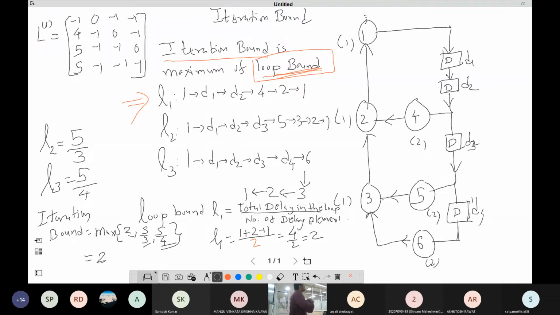When I say algorithmic method, it has some finite number of steps. If you follow those steps, then definitely you will get the correct value of the iteration bound, irrespective of the complexity of your graph.